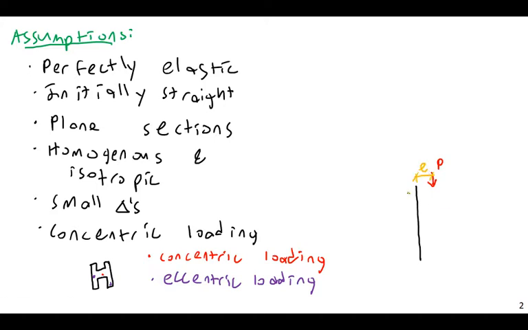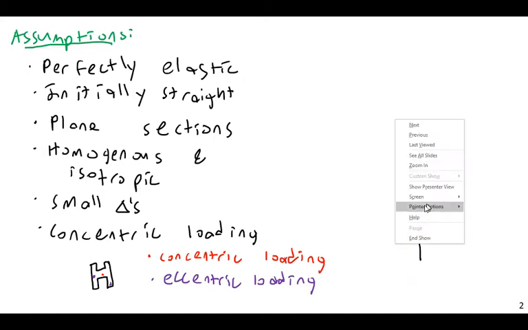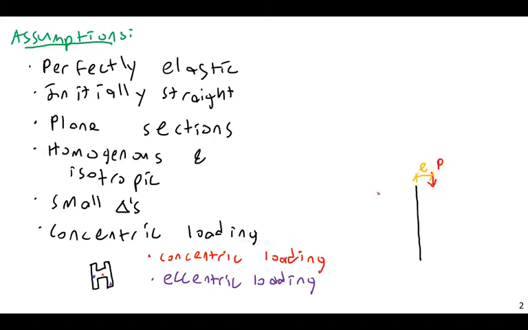So you're effectively putting a moment equal to PL on the end of the member. But don't worry too much about that for now. I just wanted to describe what the assumption of concentric loading is and what its significance is if it's not true.